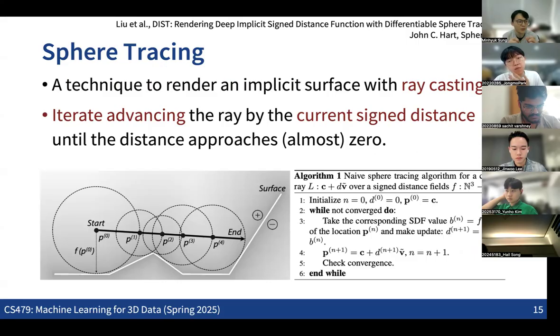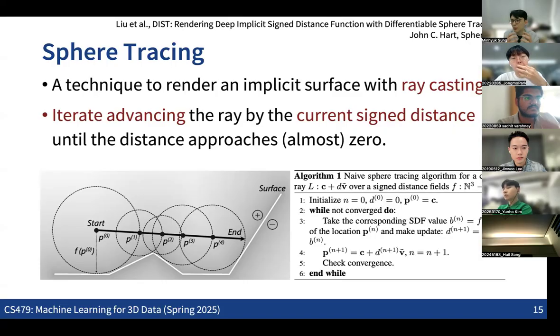But when the point is outside of the 3D object, the signed distance function gives the distance to the closest point of the 3D surface. So when the distance is d, if we make a ball with that point as the center in the 3D space, that means there is no obstacle inside this ball with radius d.